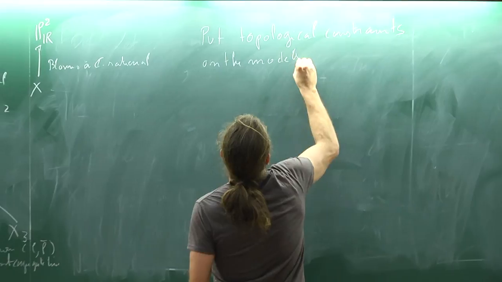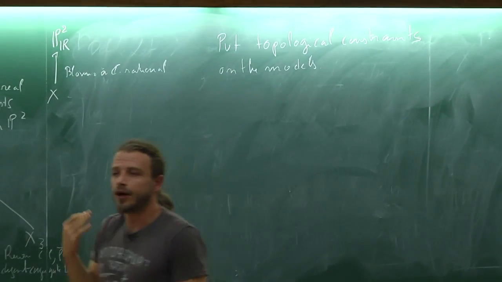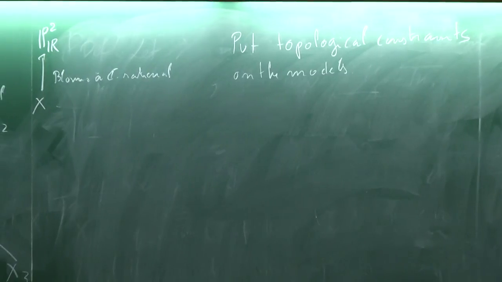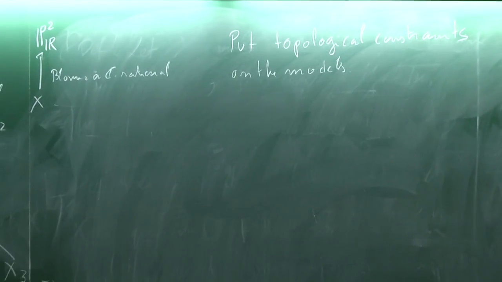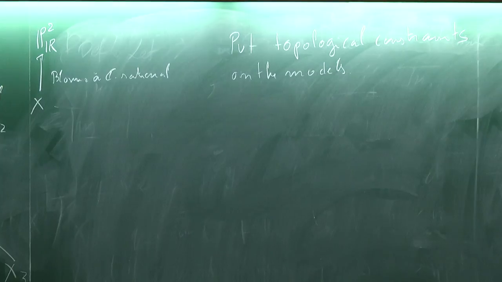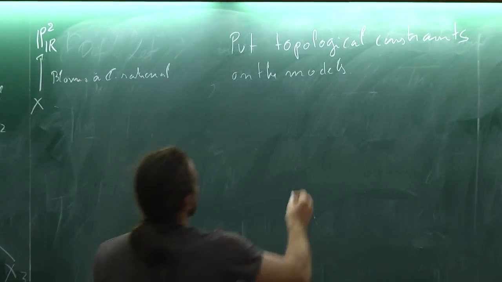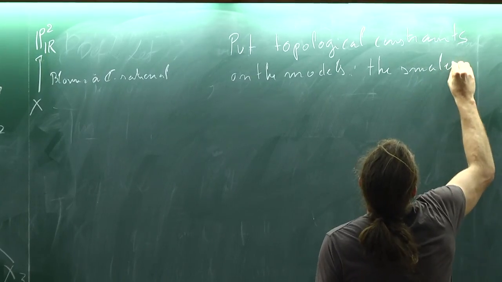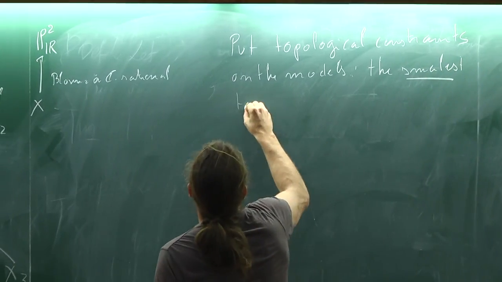So in some sense, we will look at real algebraic models of a given variety with the smallest, the simplest possible topology, right? The smallest topology.